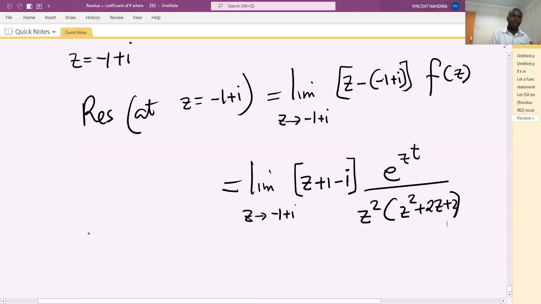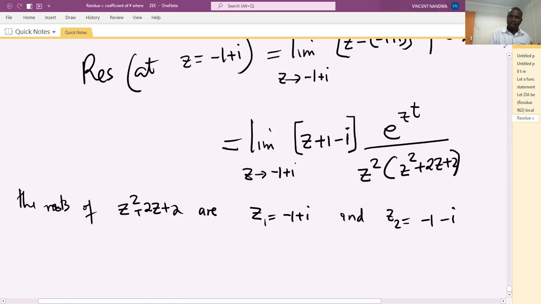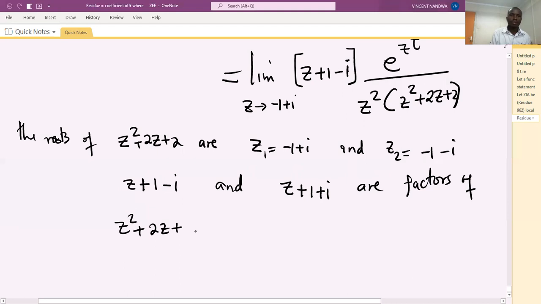Now, since we say that the roots of z squared plus 2z plus 2 are z1 equals minus 1 plus i, and z2 equals minus 1 minus i, then it means that, taking this to the left-hand side, we have z plus 1 minus i and z plus 1 plus i as factors of z squared plus 2z plus 2.